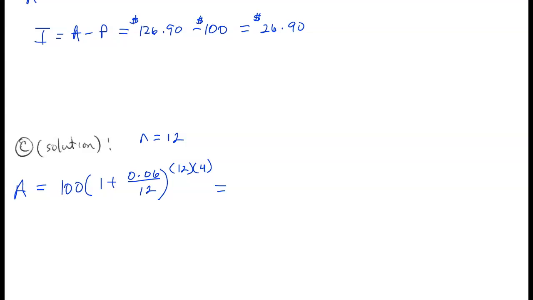And of course, that will end up being 100 times 1.005 raised to the 12 times 4, which is 48, and that's going to approximately equal $127.49.